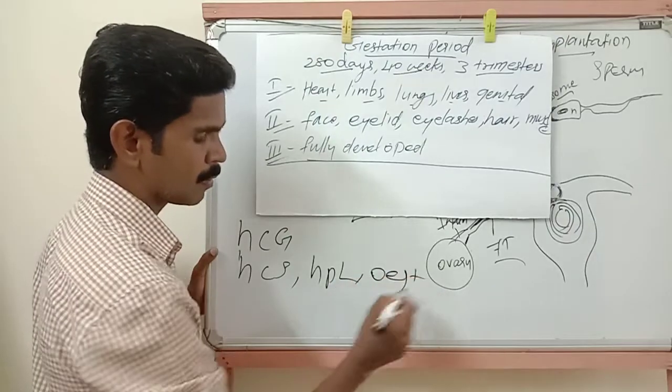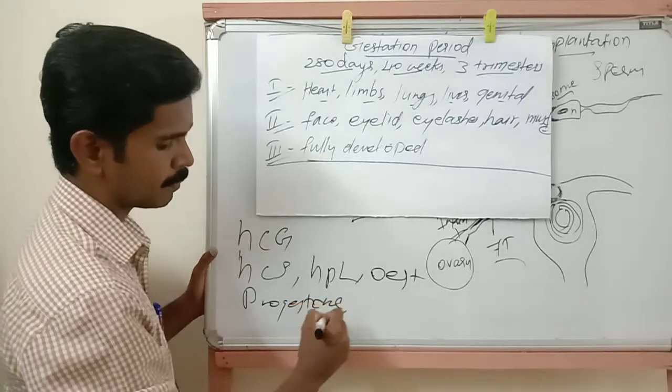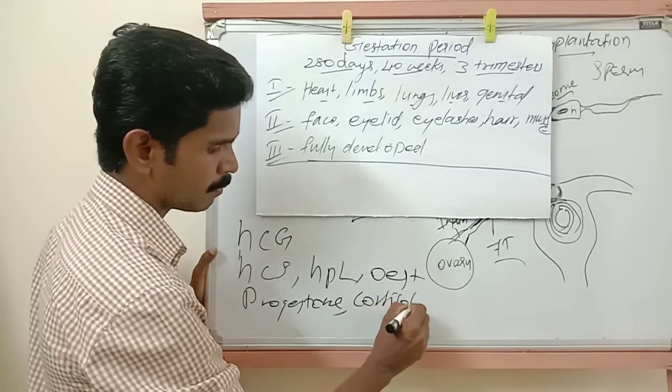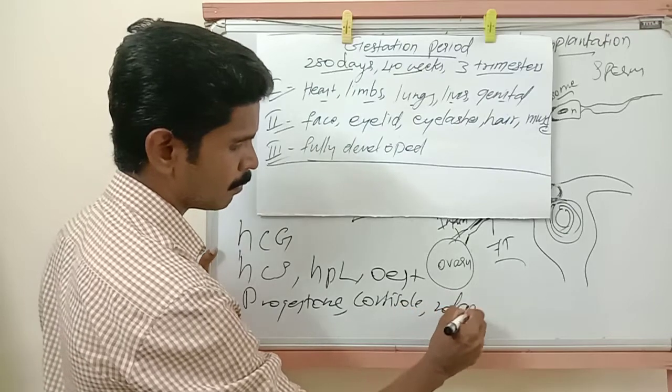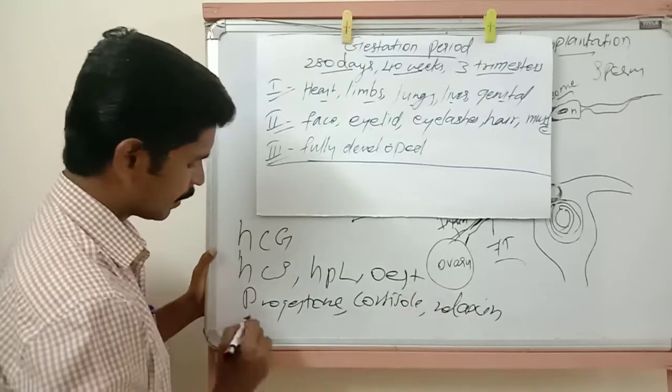estrogen, progesterone, then cortisol, then relaxin, thyroxine.